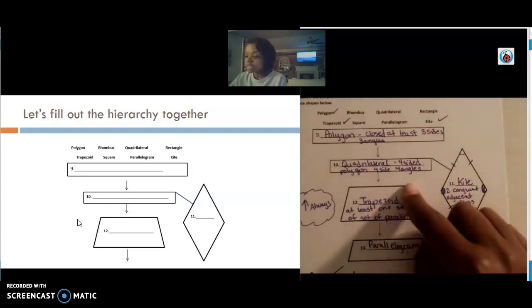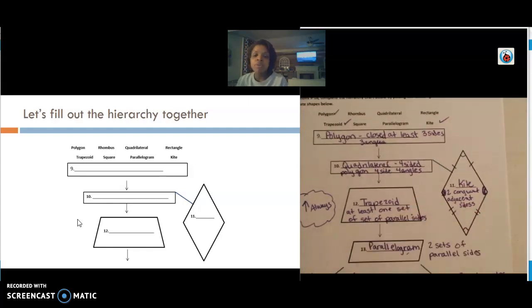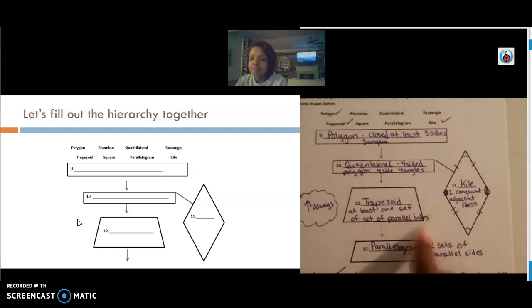All right, so let's look. I have trapezoid. In order to be a trapezoid, you have to be a quadrilateral, which means you have to have 4 sides and 4 angles, and you have to have at least 1 set of parallel sides. And remember that thing, at least 1 set. So you can have more than 1 and be a trapezoid, but at least 1 set of parallel sides to be a trapezoid, okay?